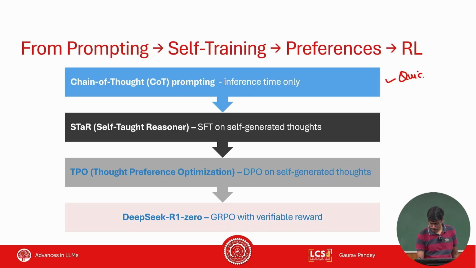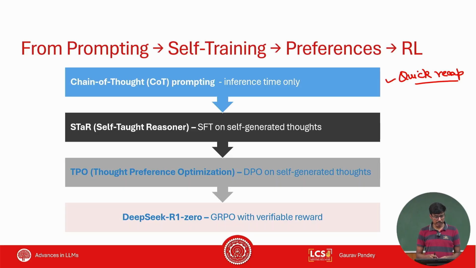Only a quick recap. The chain of thought is used only during inference time, right? You either tell the model to let's think step by step, or you give some chain of thought examples in the context window, so that the model can generate chain of thought for the response.